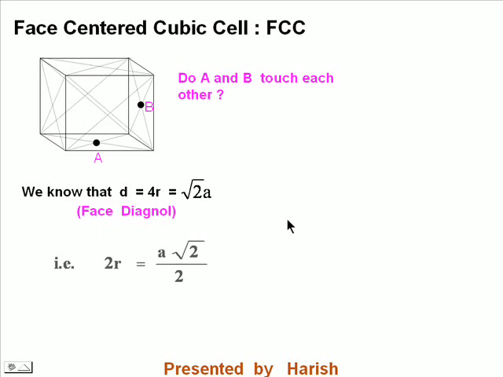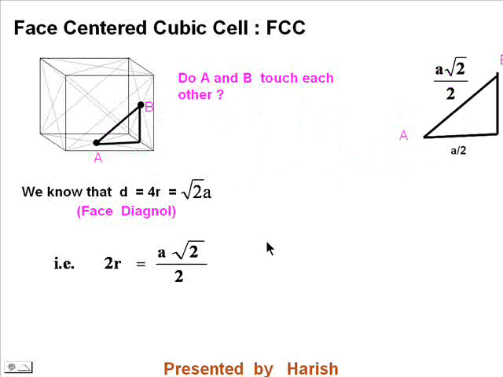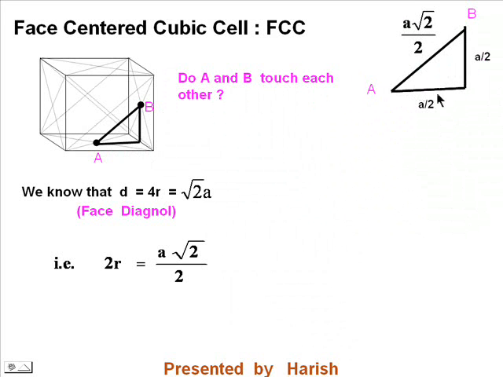So that becomes 2R is equal to A root 2 by 2, I divided both sides by 2. Let me draw a line between A and B, and I got a triangle here, this point being the center of this particular edge. So I got a right angle triangle here.